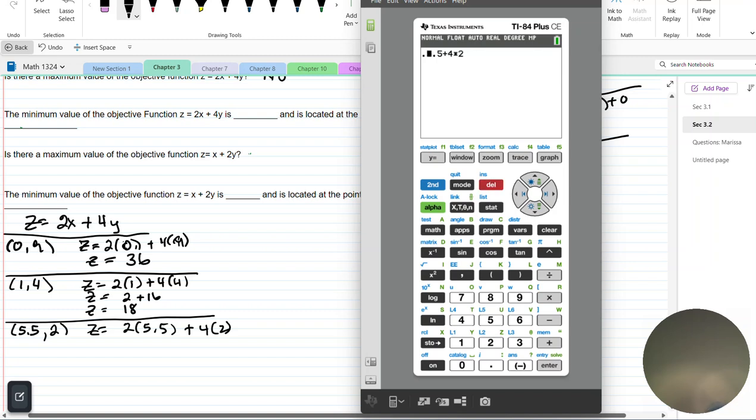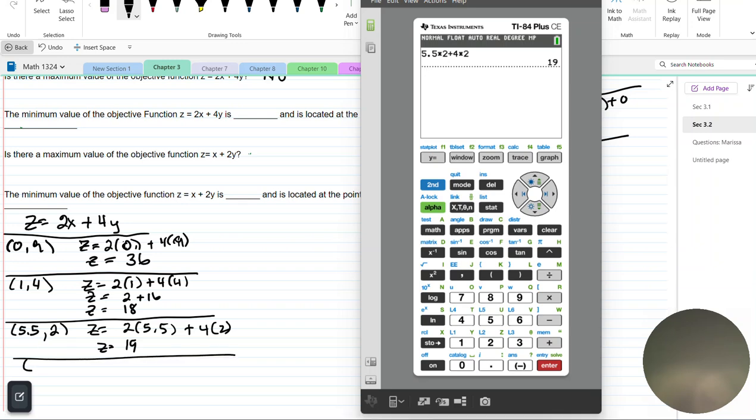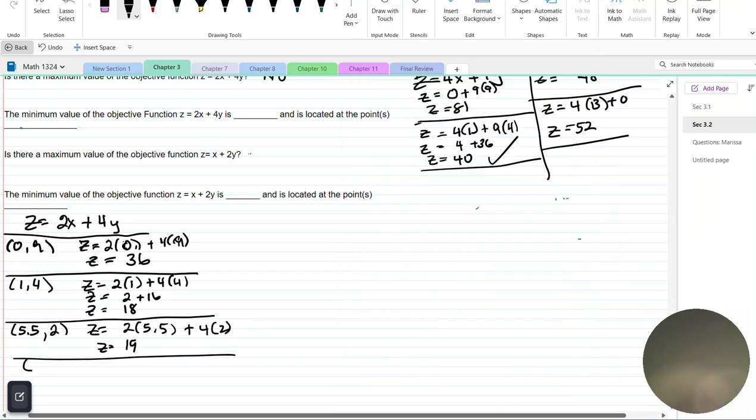Let's just erase it and I'll do it again. 5.5. Sometimes it's picky with my pen on the simulator. There we go, 19. And we have our last point here, which was (13, 0).